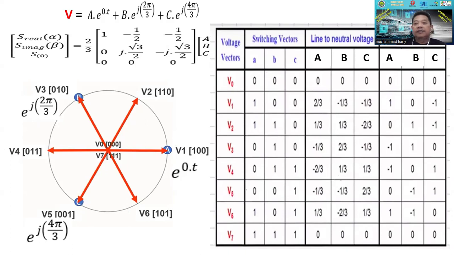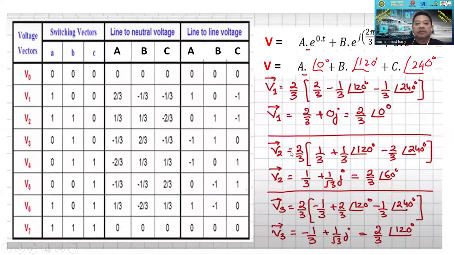Then we go on to the next page. You see here, that's very simple to calculate with the same method that was already done and that I mentioned to you. Here, for example, start from the V1.